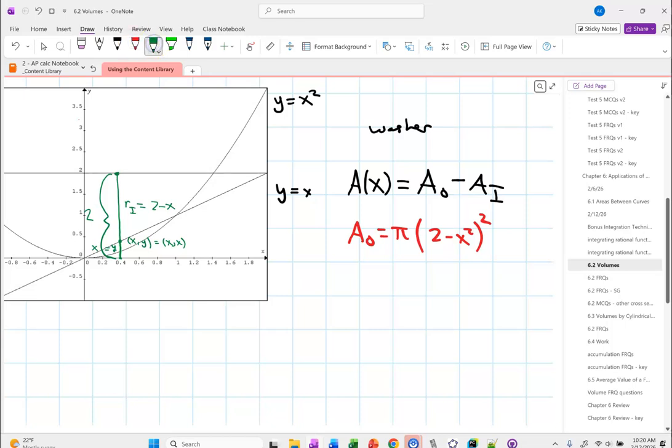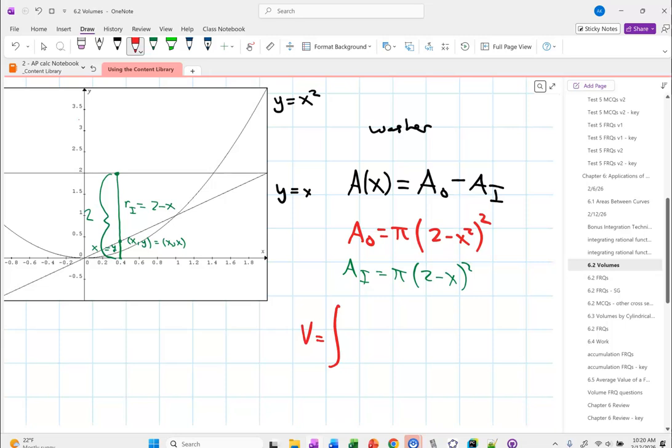All right, so A inner is going to be pi times r squared. Everybody's okay here? Now we're slicing vertically, perpendicular to the axis of rotation, because we're rotating around y equals 2.